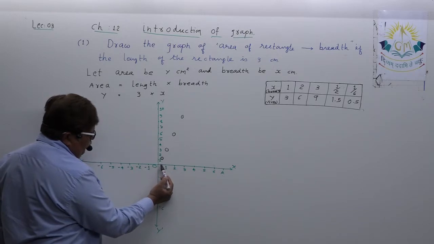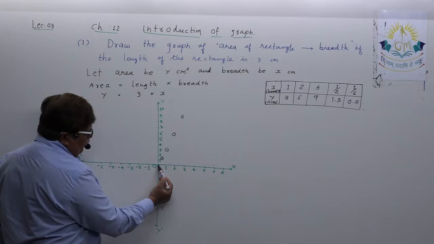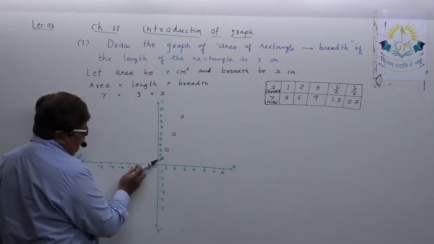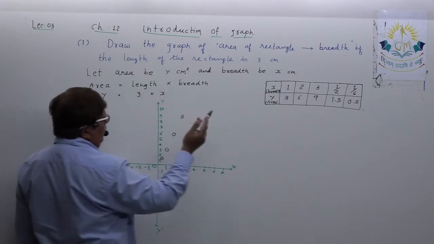This is 0.5 starting from 0: first line 0.1, then 0.2, 0.3, 0.4, 0.5. Here 1.5, so starting from 1: 1.1, 1.2, 1.3, 1.4 and 1.5.